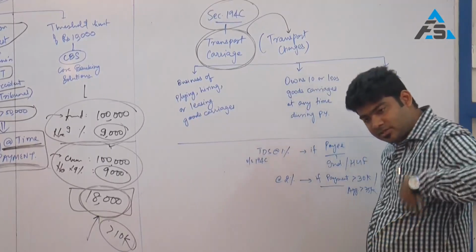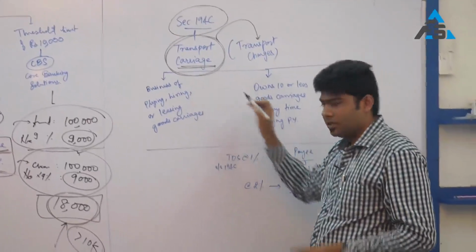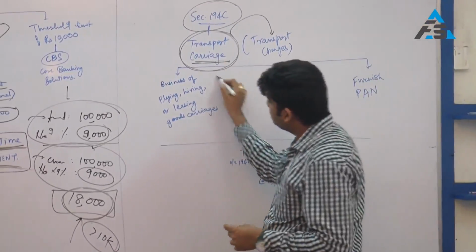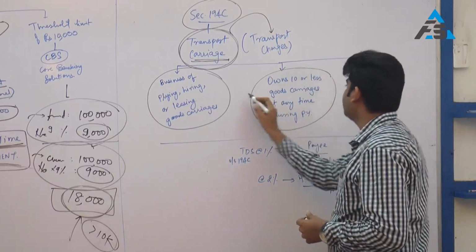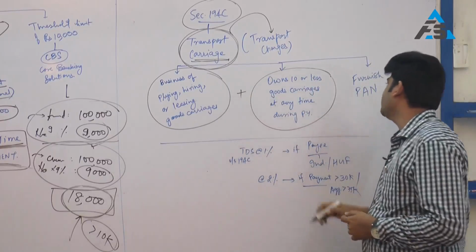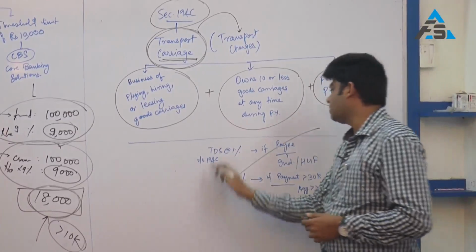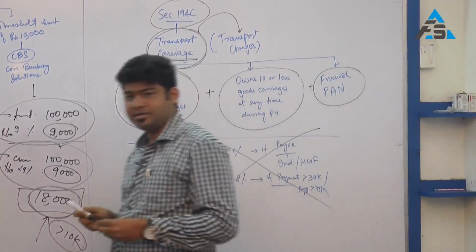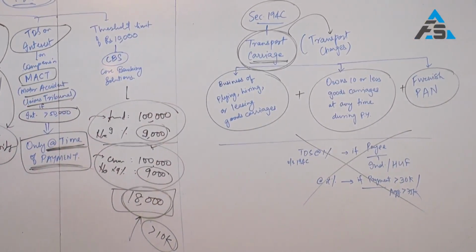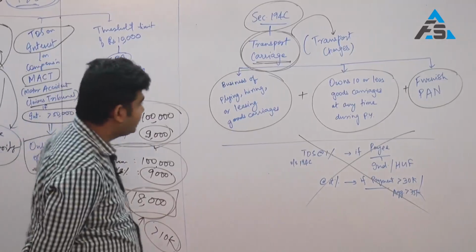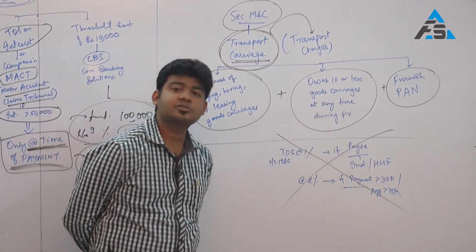If there is a payment of transport charges to the transport carriage, and the transport carriage is in the business of plying, hiring or leasing goods carriages, owns 10 or less goods carriages at any time during the previous year and furnishes PAN, then in that case no TDS will be deducted on the payment relating to transport charges. So a very welcome amendment for the transport carriage operators here. But again, all of these three conditions have to be satisfied.